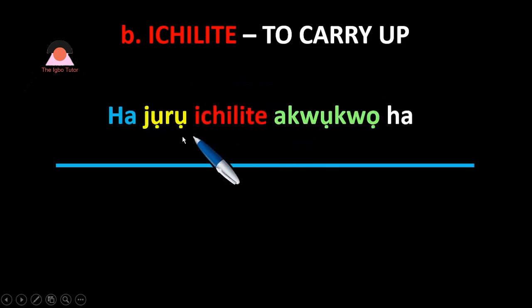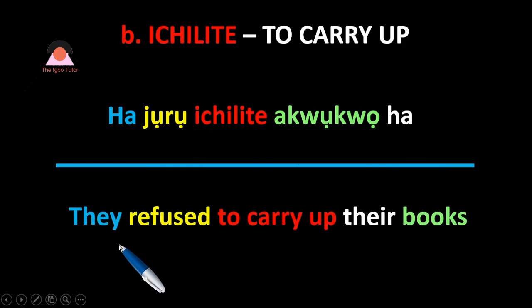Let's look at a sentence example. Ha jụrụ ichilite akwụkwọ ha. The children must be stubborn. What does this mean? They refused to carry up their books.